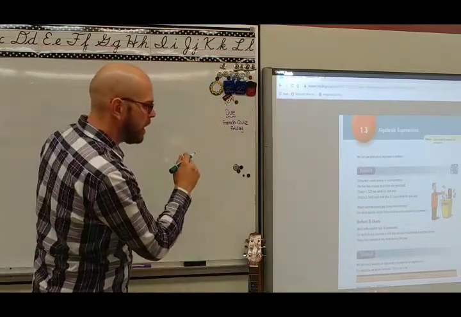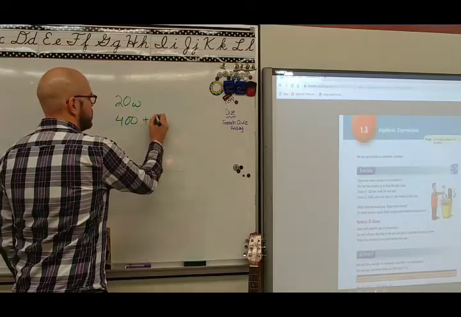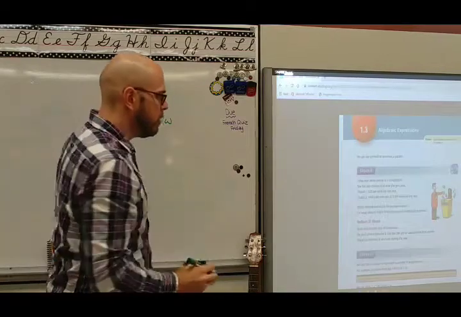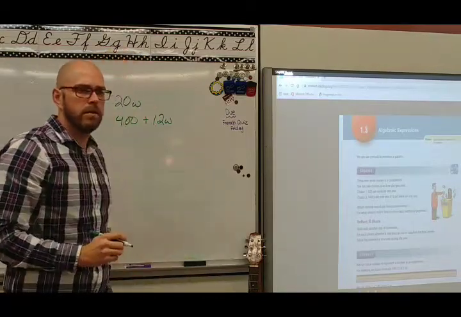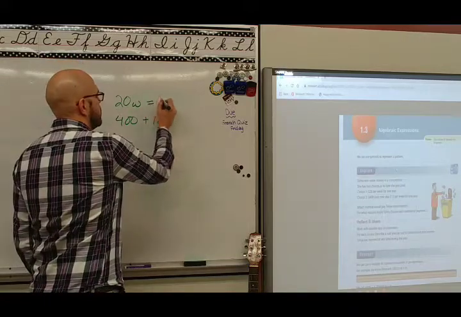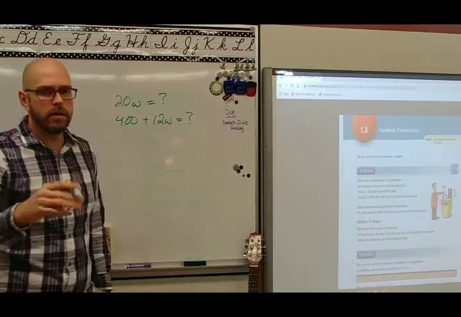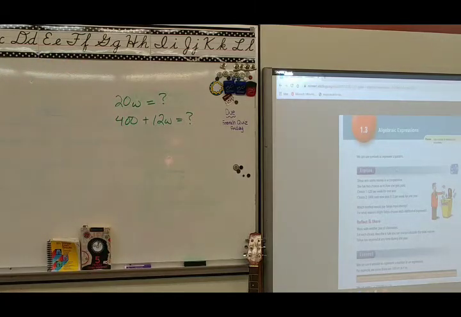And she's got $400 cash plus $12 a week for 1 year. So these are what we're trying to figure out. Once we figure those two out, we can compare them, find out which one is more. So let's figure that out on our boards. Use your algebra, and we'll see which prize she should take.